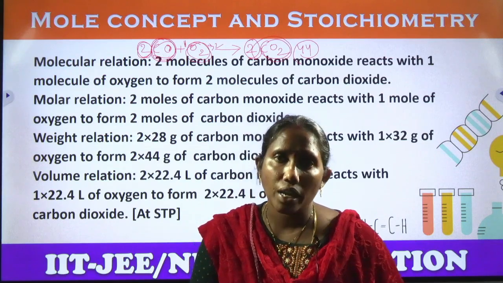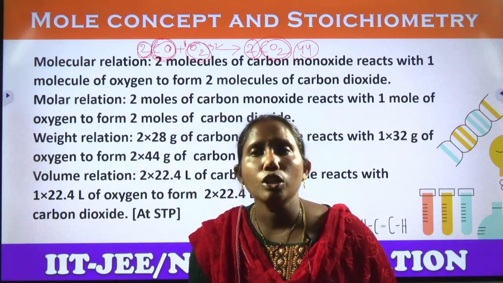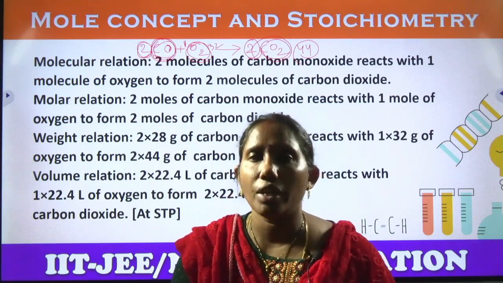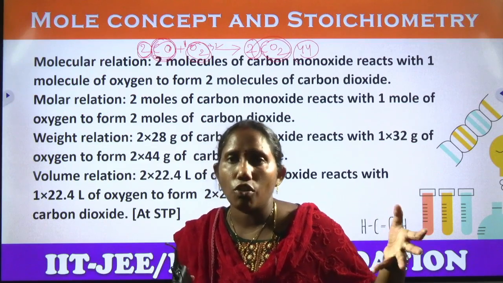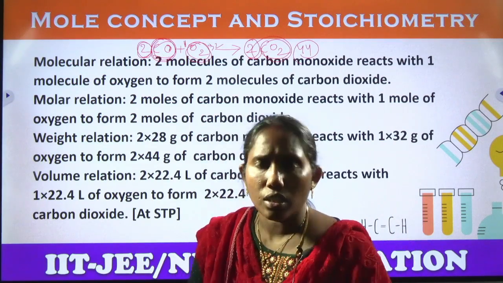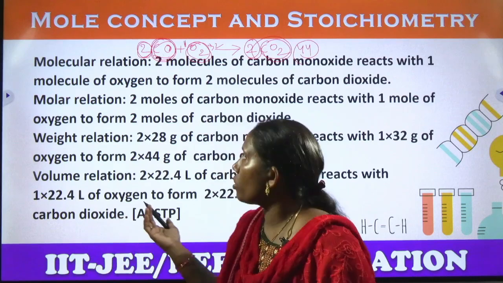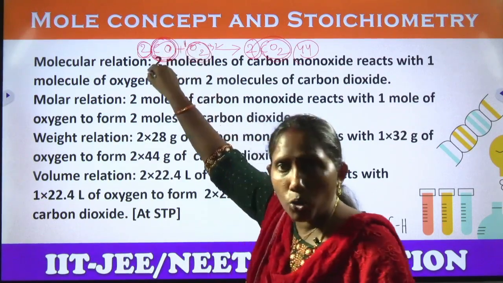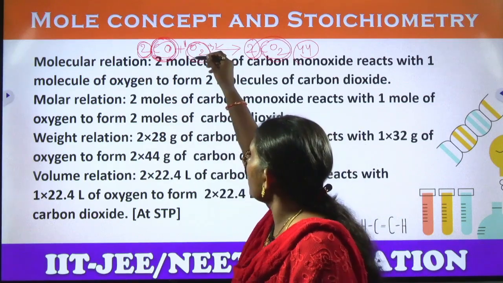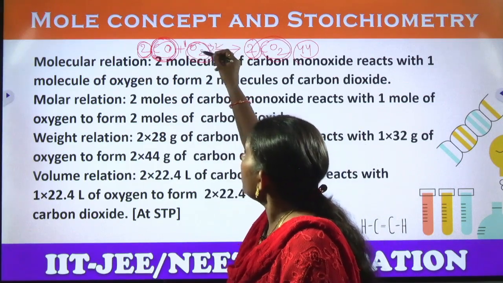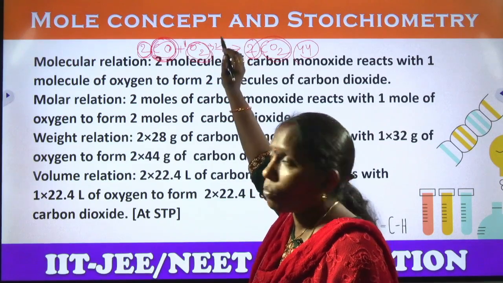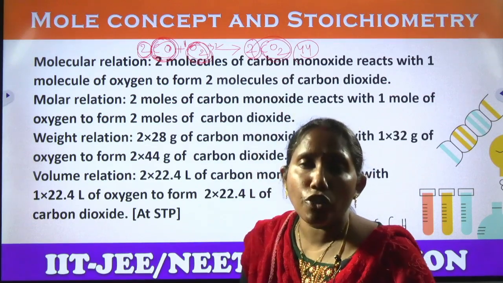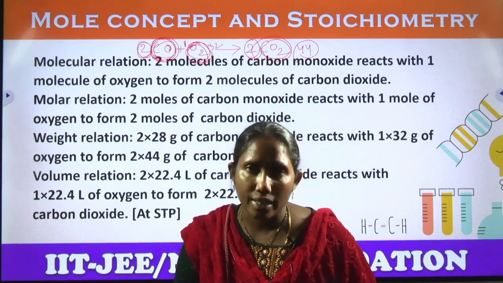Now volume also we have. Generally gram molar volume is 22.4 liters. In some books there is 22.7 liters, which nowadays they are following, but from long back we are following 22.4 liters. You can take even 22.7 liters also. Here 2 into 22.4 liters of carbon monoxide reacts with 1 into 22.4 liters of oxygen, gives you 2 into 22.4 liters of carbon dioxide.